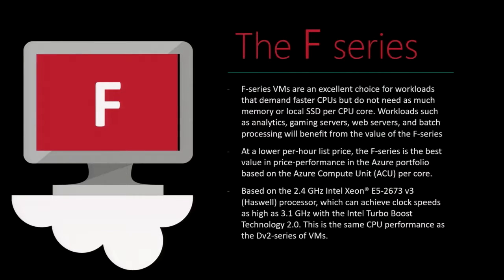So they're lower price per hour, and you get the best value in price performance compared to the compute unit. So they're really trying to give you some options where you don't need to buy a G series that's going to come with a massive amount of IOPS just because you need a machine that's got high CPU resource, right?